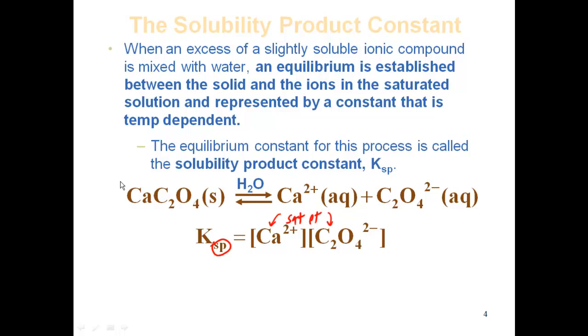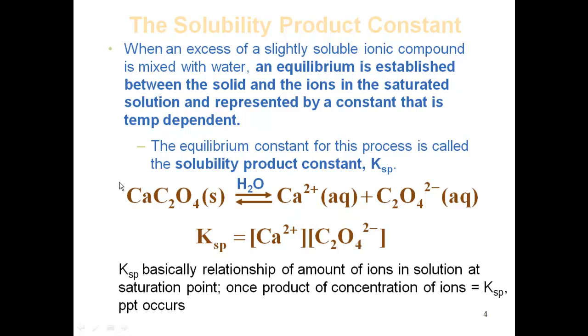The other thing to realize is that K is unitless and also temperature dependent, same thing we did when we talked about the other K's in the previous chapters. KSP basically is a relationship of the amount of ions in solution at the saturation point.